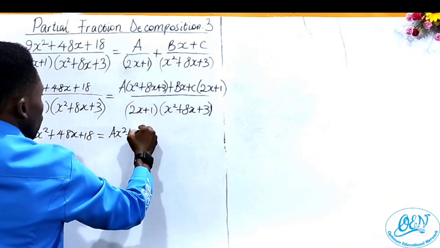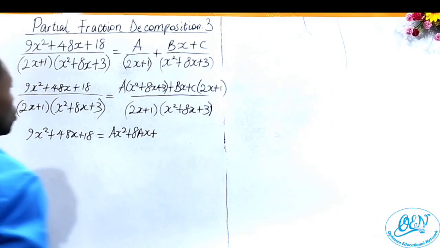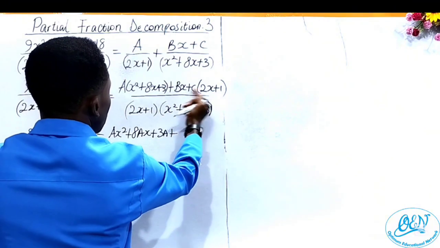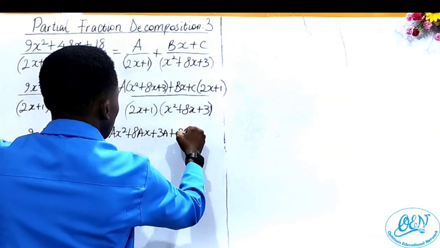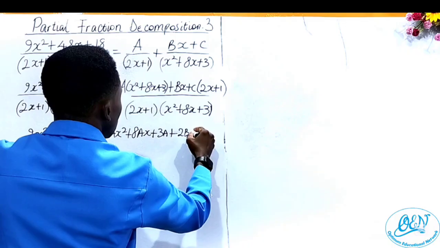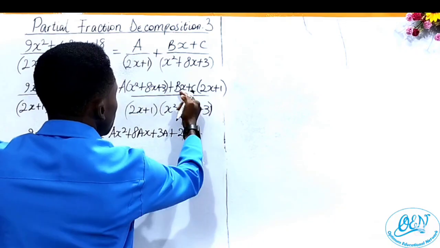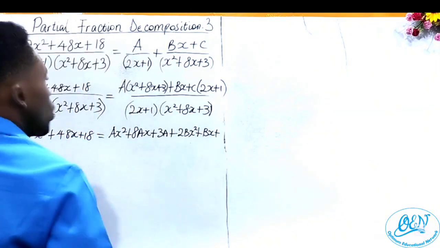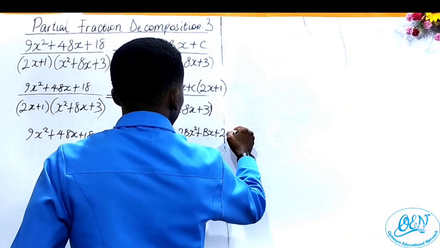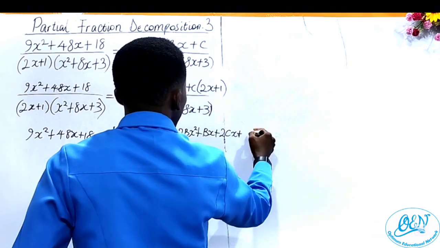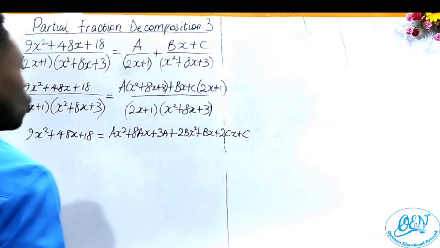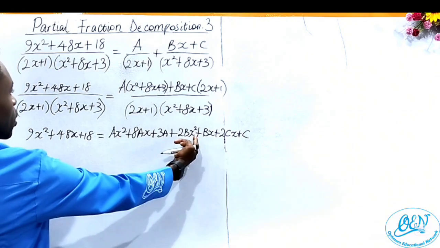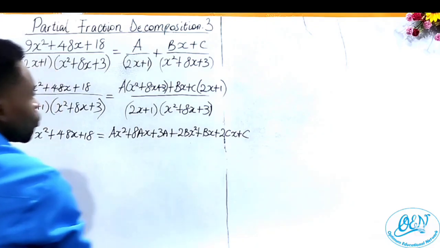A into 8x, we have 8ax, plus a into 3, we have 3a, plus, now bx into 2x, we have 2bx squared, plus bx into 1, we have bx, plus c into 2x, we have 2cx, plus c into 1, we have c. So we have this. Now we can begin to bring similar powers of x together.